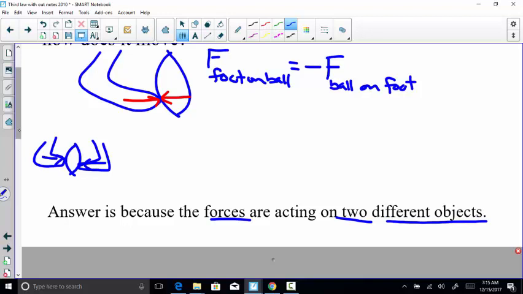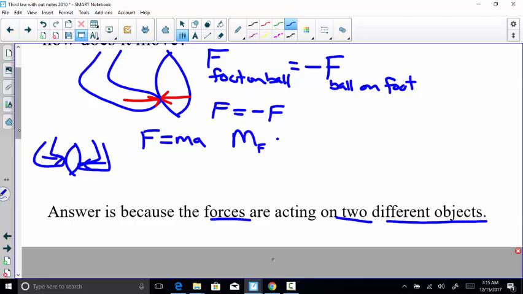But the other thing is the masses and accelerations are different. Okay, if I go back to the original equation, force equals minus force, and understand that force is mass times acceleration, then what you also have here is the mass of the foot is pretty big. Okay, I'll put mass of foot here.